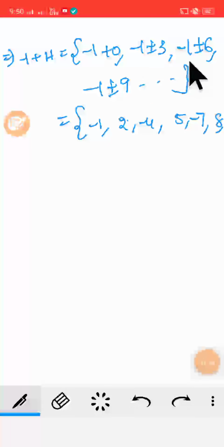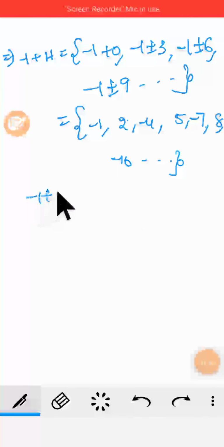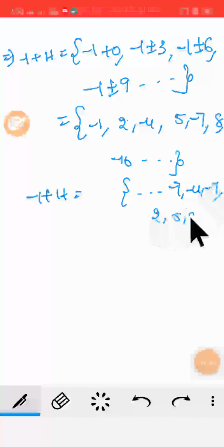Here minus 1 plus 3 is 2, minus 1 minus 3 is minus 4, minus 1 minus 6 is minus 7, minus 1 plus 6 is 5, minus 1 plus 9 is 8, and minus 1 minus 9 is minus 10, and so on. Minus 1 plus H equal to minus 7, minus 4, minus 1, 2, 5, 8.